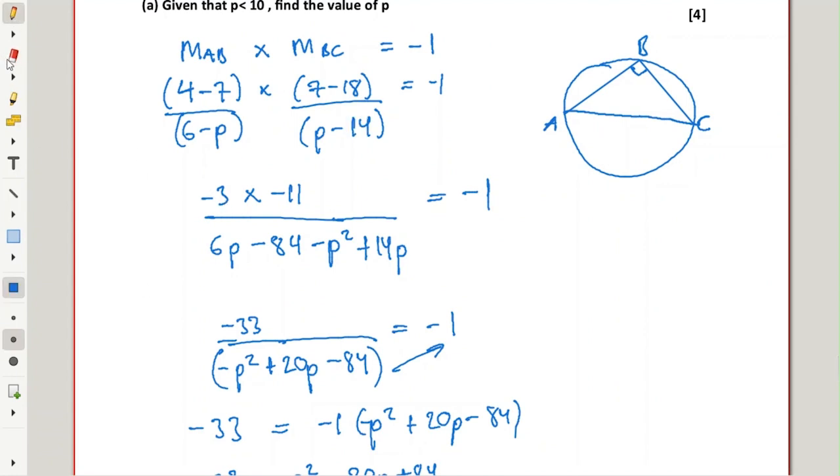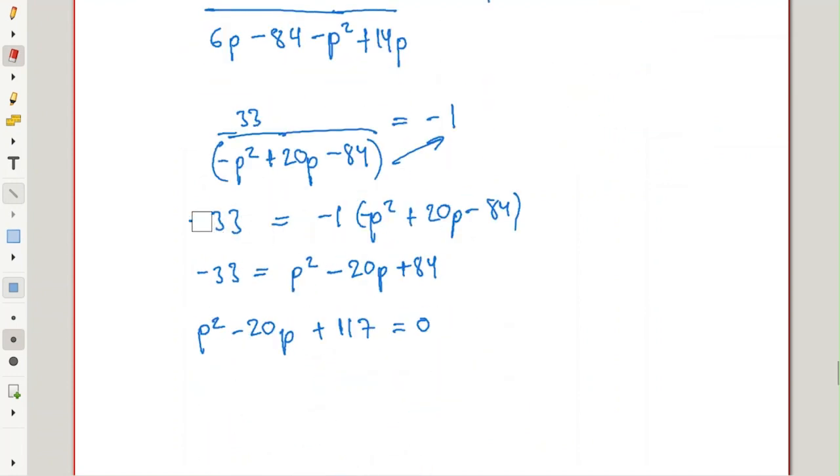My bad. This side is supposed to be 33, not -33.